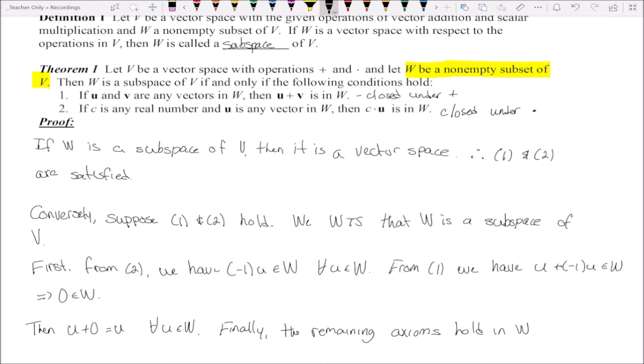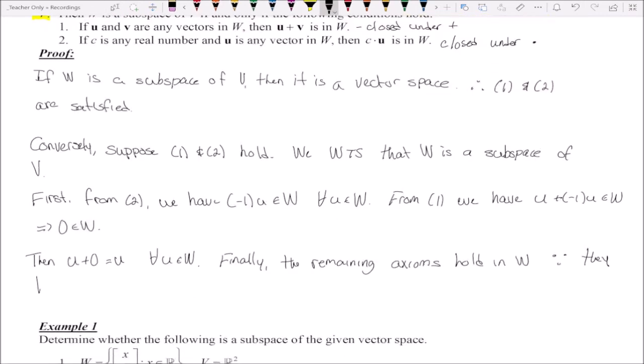Right? They have to hold because V is a vector space, right? Because they hold in V, which W is a subset of. Therefore, W is a subspace of V.